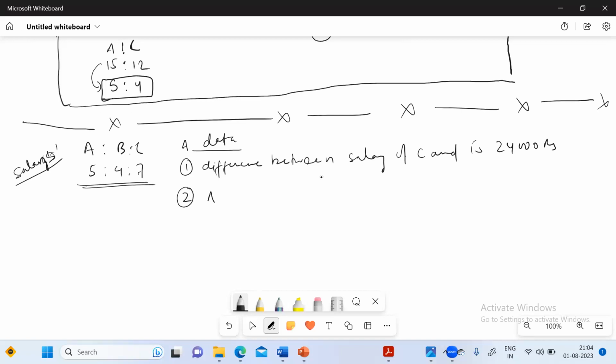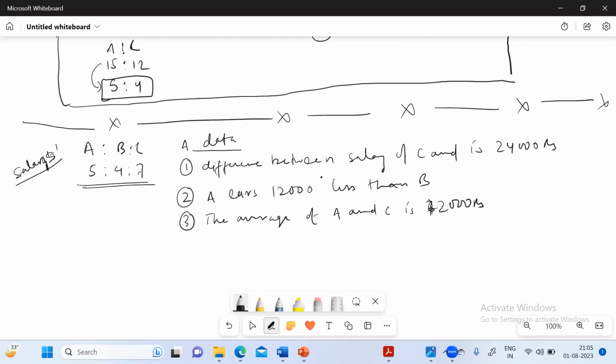Or they can give you a different data, like A earns 12,000 less than B. Or they can give you some other data, like the average of A and C is 72,000 rupees.